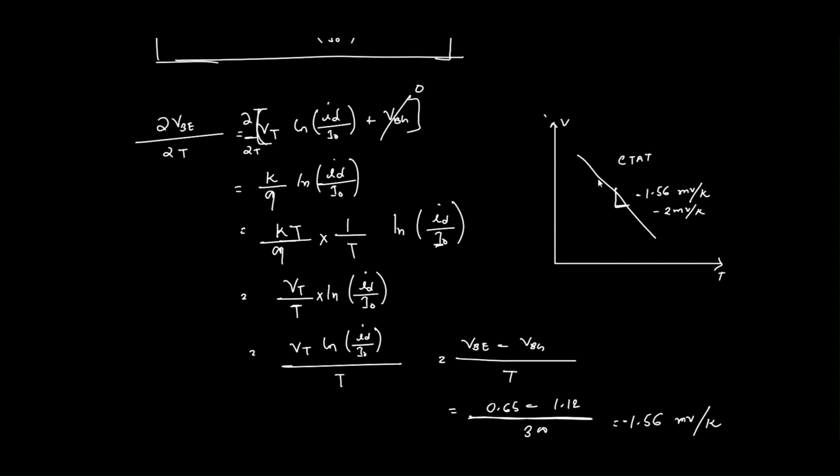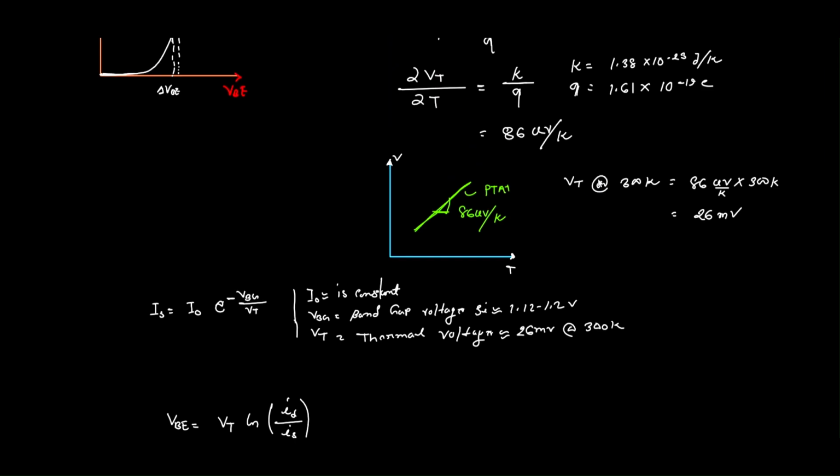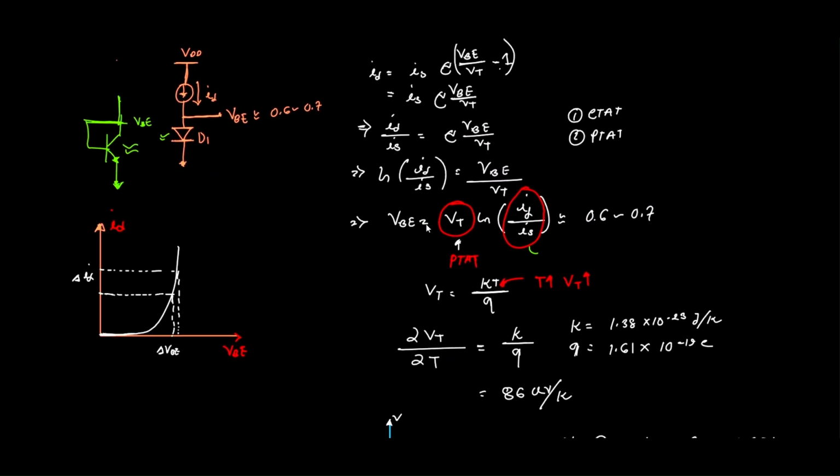complementary to absolute temperature. If we recall the expression, the forward voltage of the diode, here are two terms, one is the PTAT and another term is the CTAT, right? But which is the dominant factor?